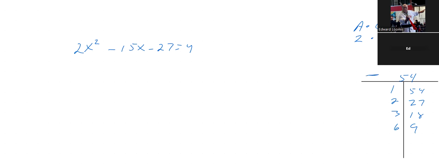So anything in the T-chart will multiply to be 54, but only one will subtract to give me 15. And that's 3 and 18. So let's break it apart.